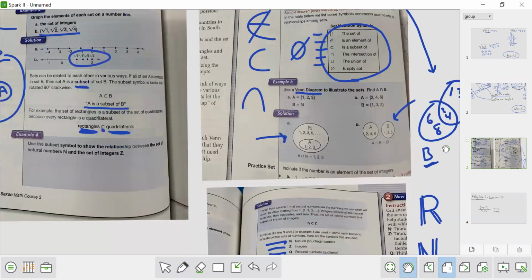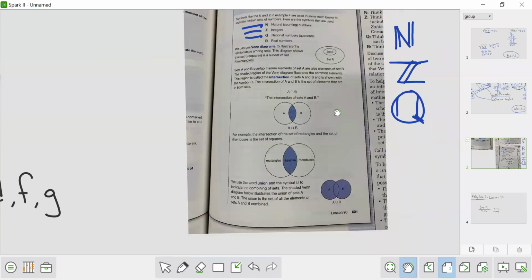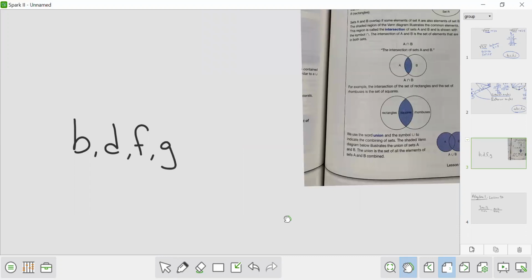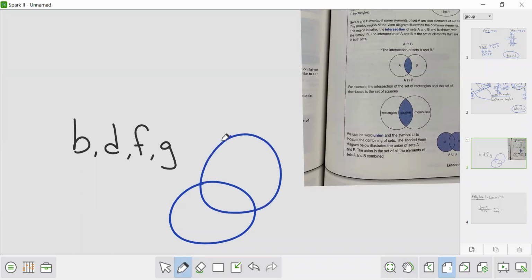So again, I'm going to ask you to do B, D, F, and G. And so for Alexander, when you do that, you're going to draw 2 circles, all right? They're going to overlap each other, and there's going to be certain things that are going to be in both circles, so that you put them in this area right here.